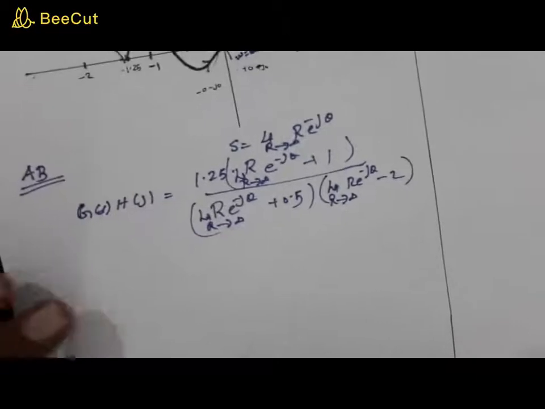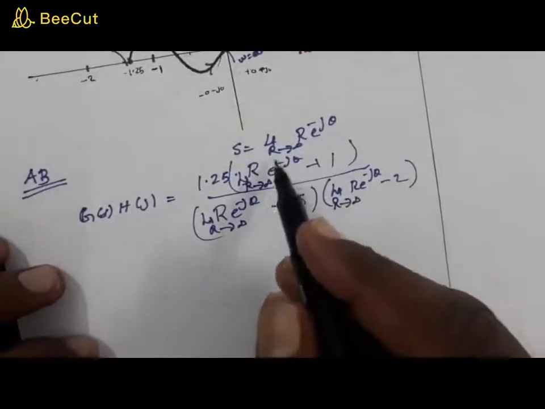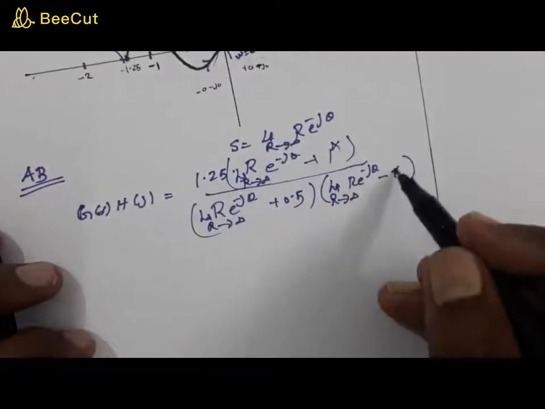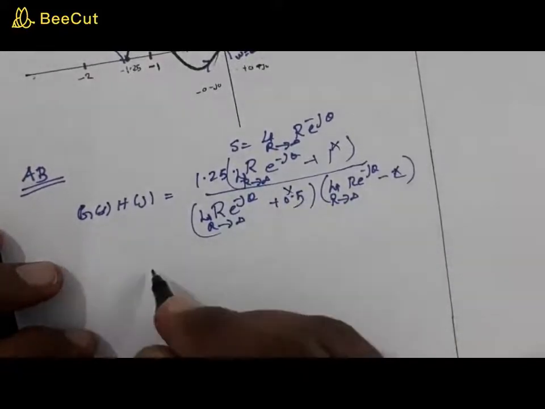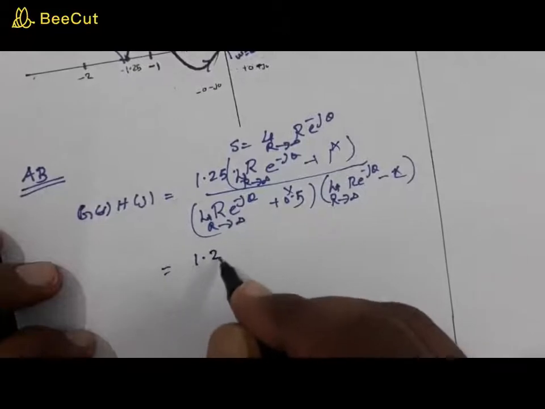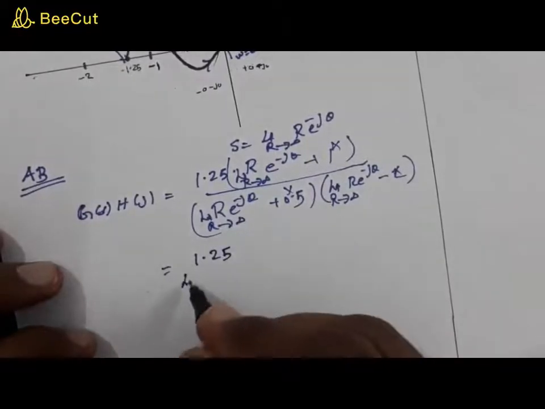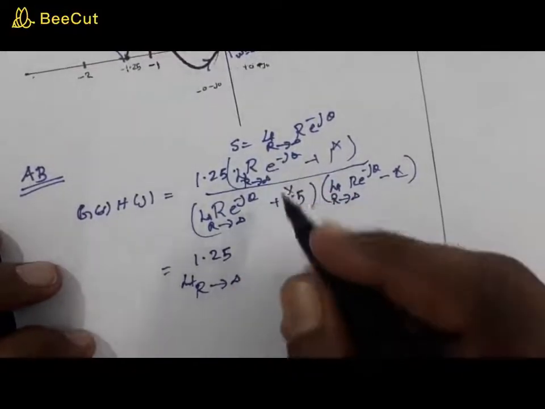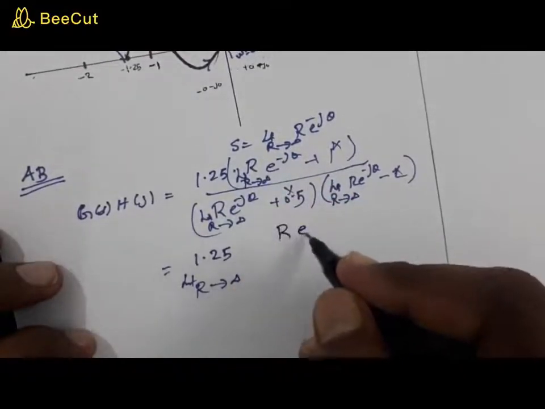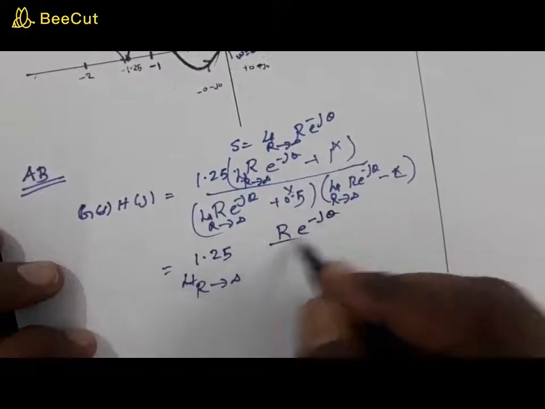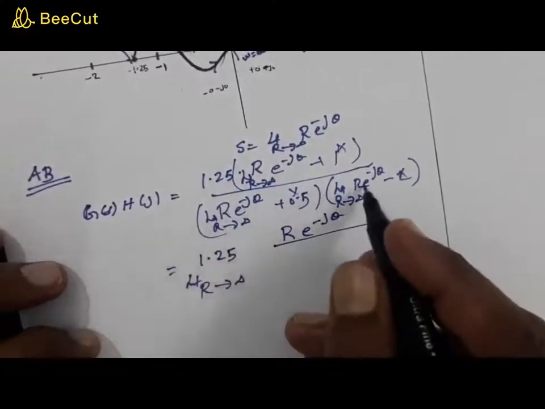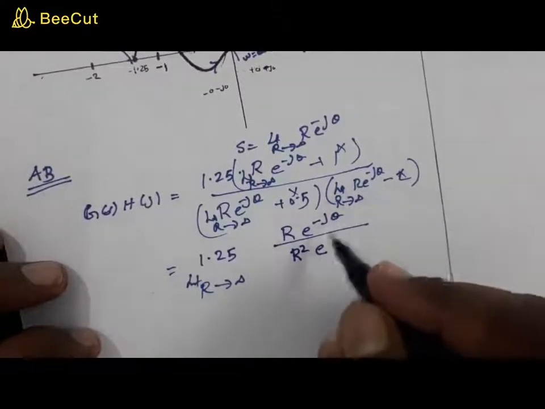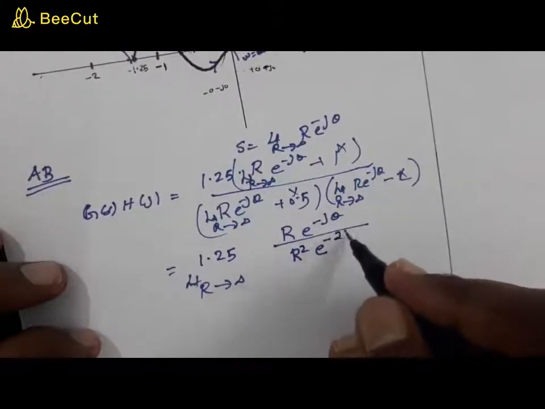So what happens? You know that r is infinity, so in comparison to this you can neglect this 1, neglect this 2, neglect this 0.5, so that this becomes 1.25 into, you can apply r tends to infinity later on. So this will be r into e raised to minus j theta divided by, you have an r into r, so that will be r square into e raised to minus 2j theta, right?